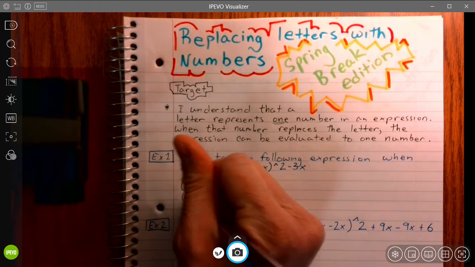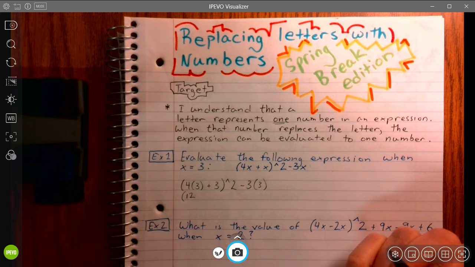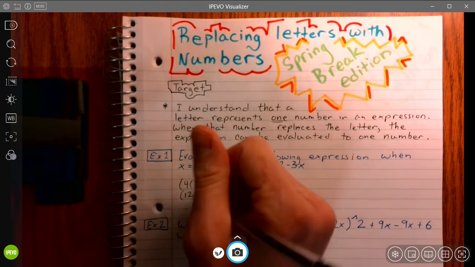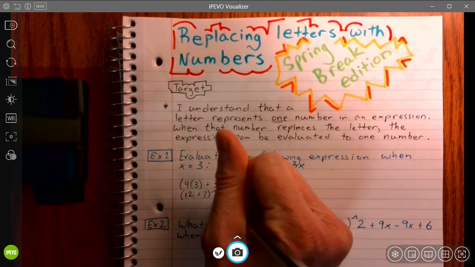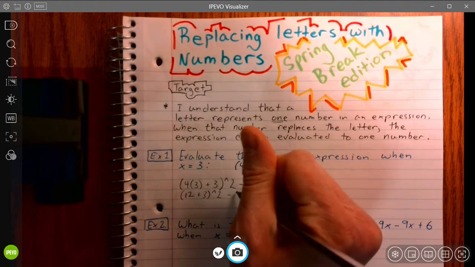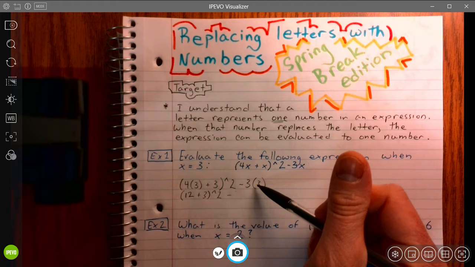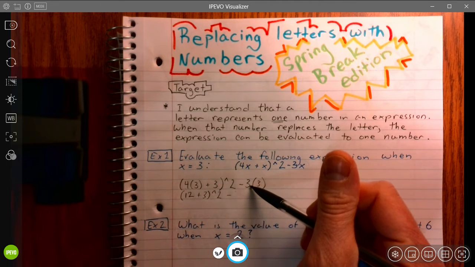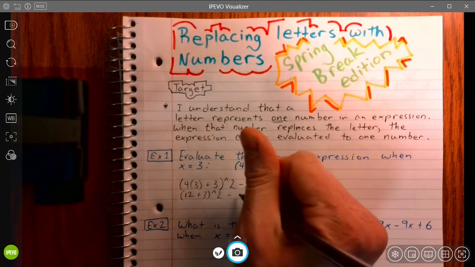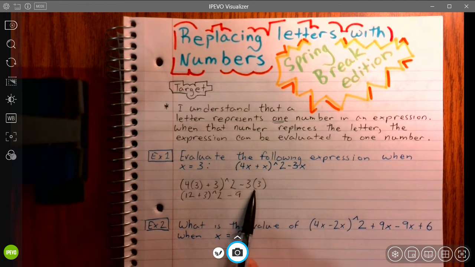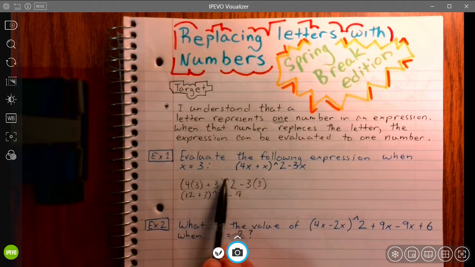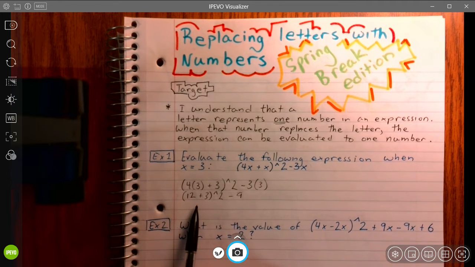4 times 3 is equal to 12. And then I can just write the plus 3 squared minus, over here, I have 3 times 3, which is 9. Okay? Now again, going through PEMDAS, I look at parentheses.